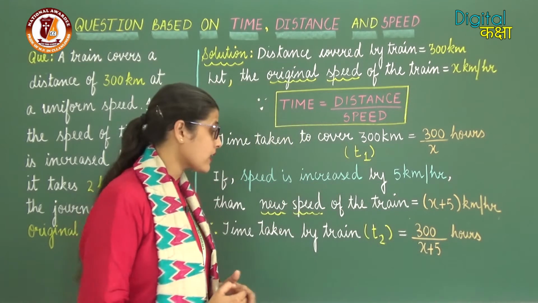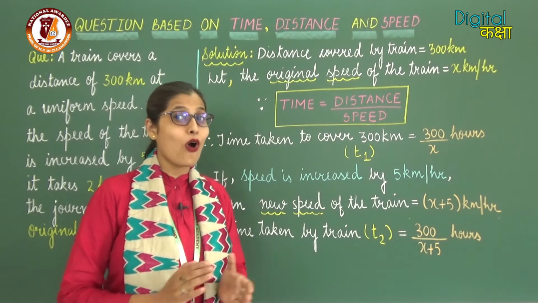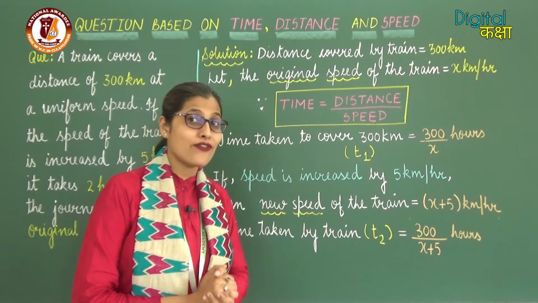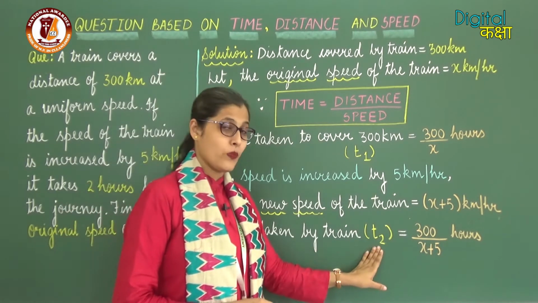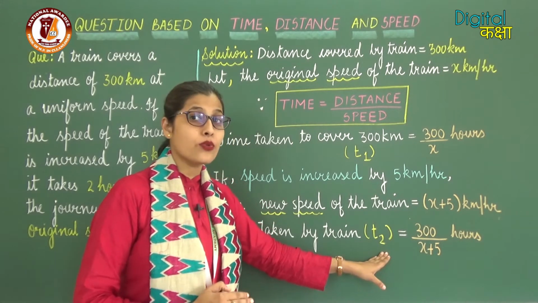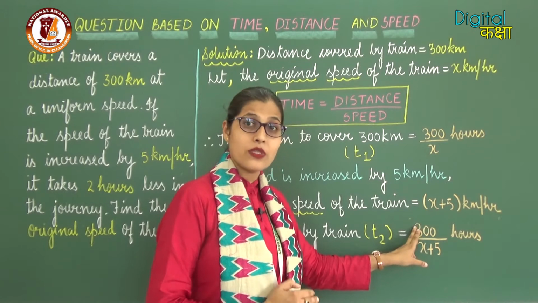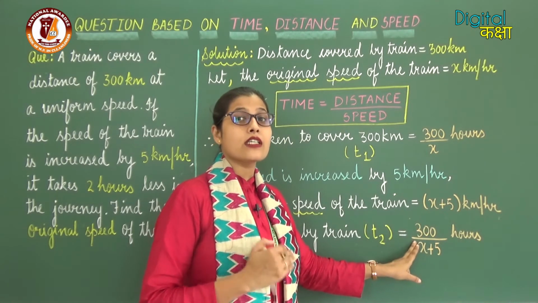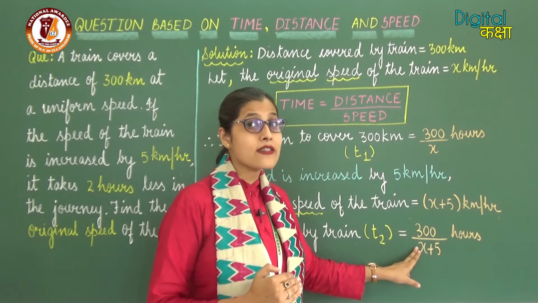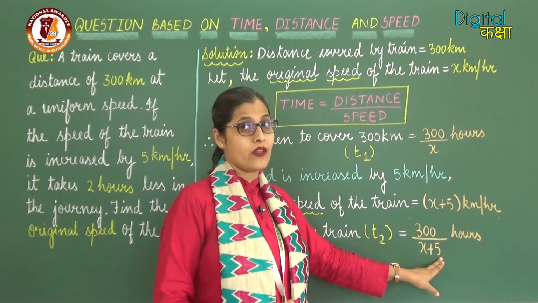Now the time taken by the train when it is moving with the speed of x plus 5 km per hour is t2. The value of t2 will equal the distance travelled, which is 300 km, divided by the speed of the train, which is x plus 5 km per hour.